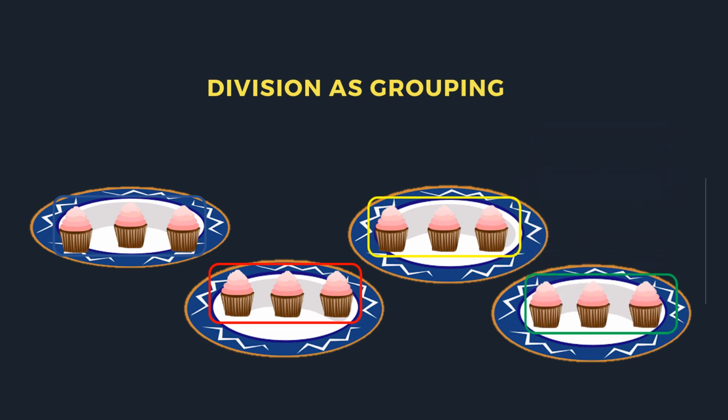As we can see, to put these 12 cupcakes in groups of 3, we need 4 plates. So the number sentence for this concept is 12 divided by 3 is equal to 4.